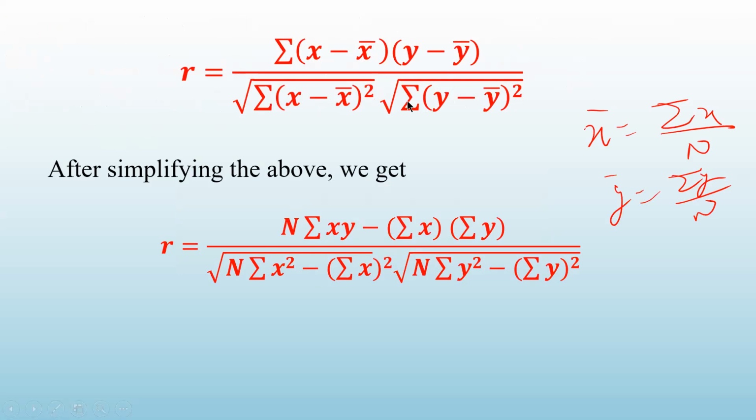If you put these values in the formula and expand or multiply these two brackets, then you will get a simplified version of the formula, which is very useful when you are given the actual values of x and y in the tabular form. So this is the formula which we are going to use when you are given the values of x and y in a tabular form, and if you are asked to find out the coefficient of correlation between these two variables. So today we are going to solve the problem based on this formula.